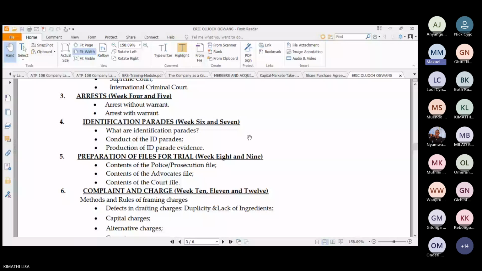I was constrained. I didn't want to go to complain and charge because it is something that is complex. It may even need a day of its own. What was your name? Our assistant, the one that is sharing the course outline?